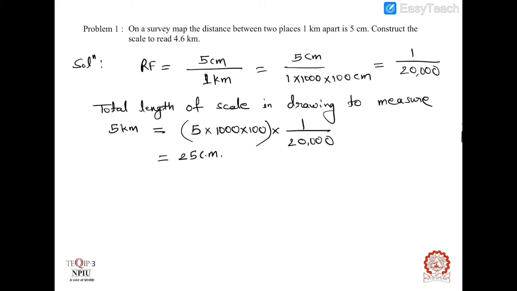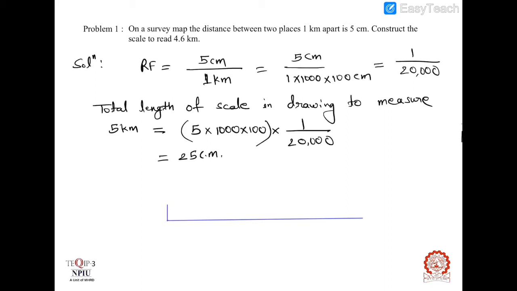Okay. So now draw a line equal to 25 centimeter on the drawing sheet. Now forget about that, this line representing 25 centimeter. Now consider this line representing 5 kilometer. Okay, make a rectangle.